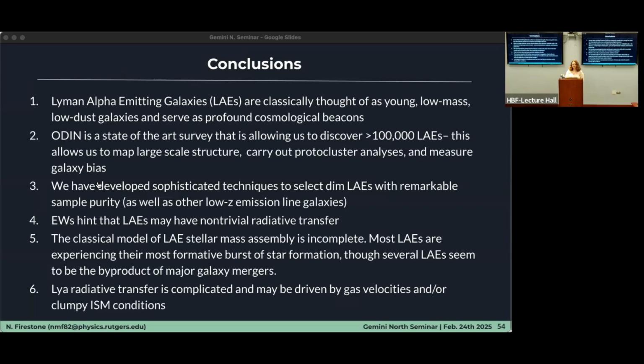The equivalent width distributions hint that LAEs might have non-trivial radiative transfer, and our classical model of LAE stellar mass assembly is incomplete, and our results from that analysis show more definitively that Lyman alpha radiative transfer is indeed quite complicated and probably driven by gas velocities or clumpy ISM conditions in some cases.